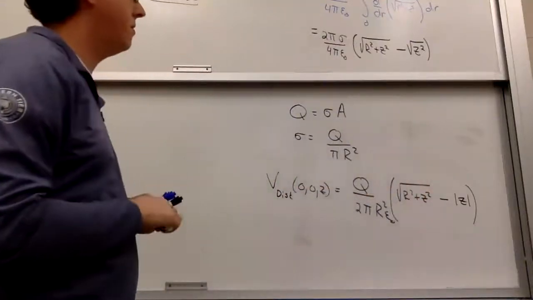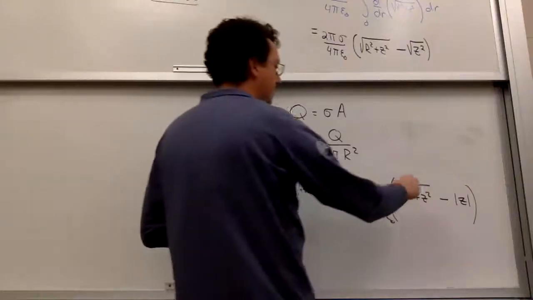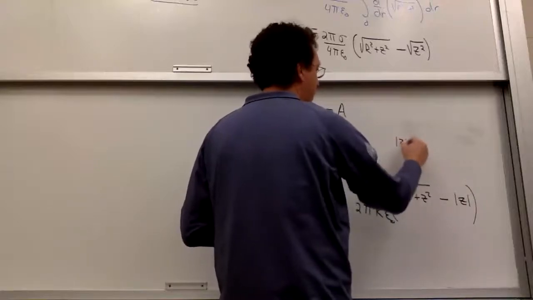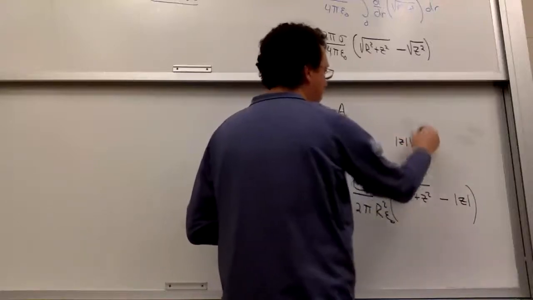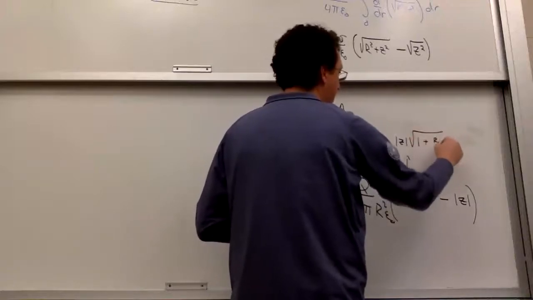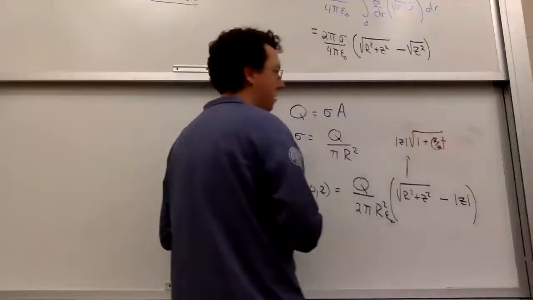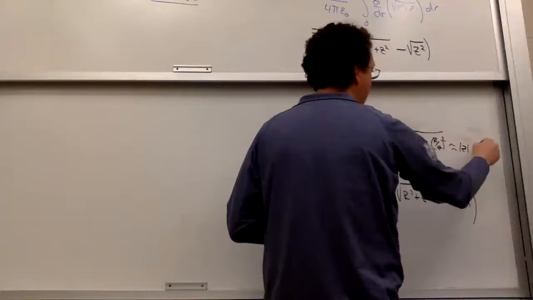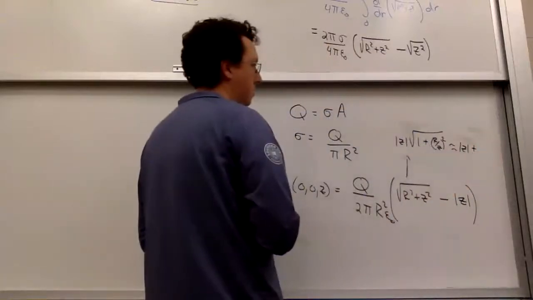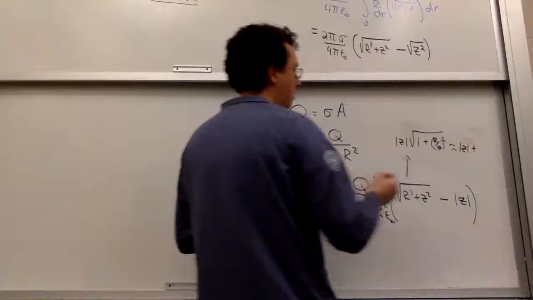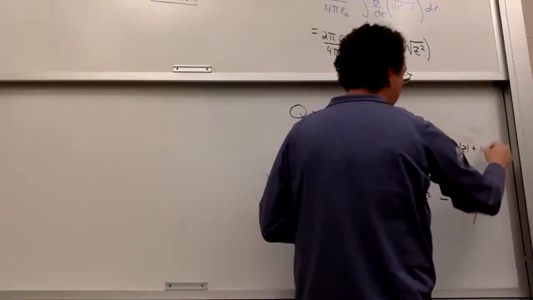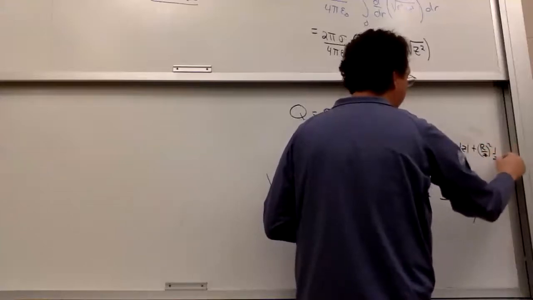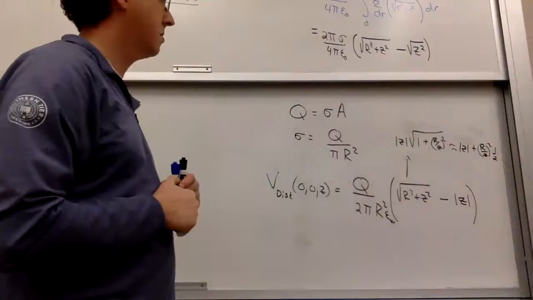If z is very, very, very large, I can factor that out, and this becomes the magnitude of z times the square root of 1 plus R over z squared, which is, to good approximation, the magnitude of z plus R over z squared, and there's a factor of a half coming from the square root.